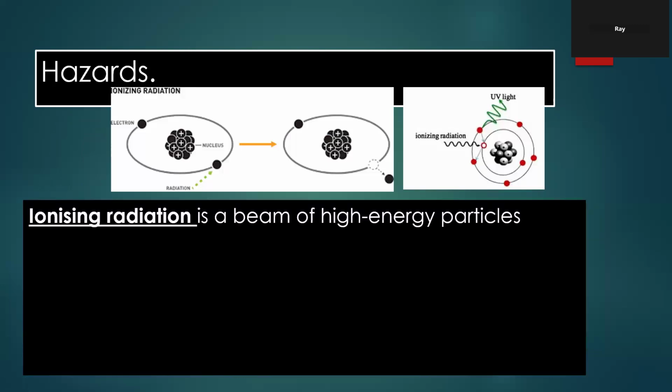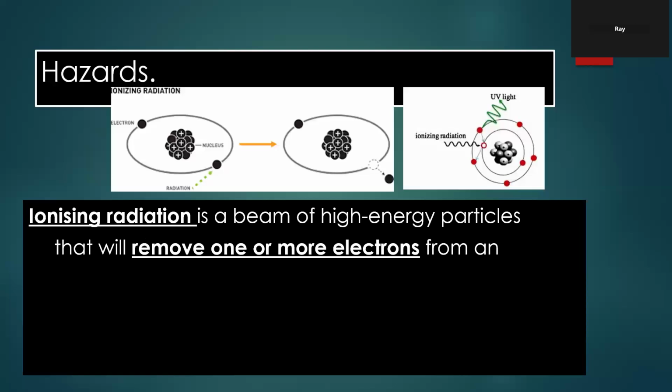Ionizing radiation is a beam of high energy particles that can remove one or more electrons. Right? In this case, remove an electron from the atom. These are just pictorial forms to show you. If you remove this electron, then the other electron from a higher energy level will come down to fill the place.